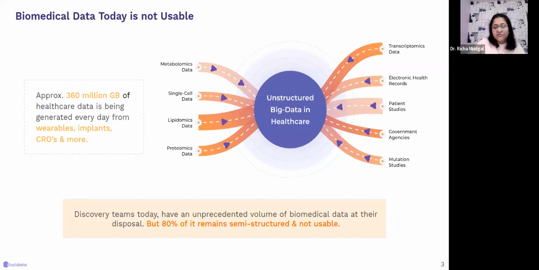Another thing we're seeing over time is wearable implants and those kinds of devices, which could lead to a lot of data being generated. What is common amongst them is that although the data is getting generated, it's largely unstructured or in a semi-structured form, which hampers you from extracting the real opportunity that lies in this data.